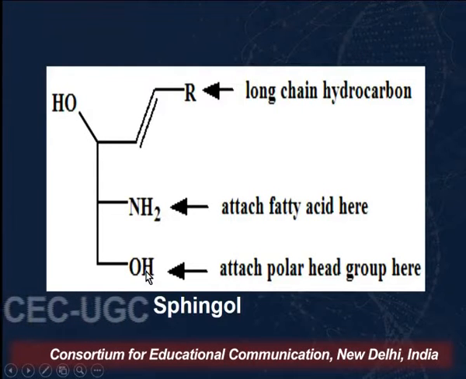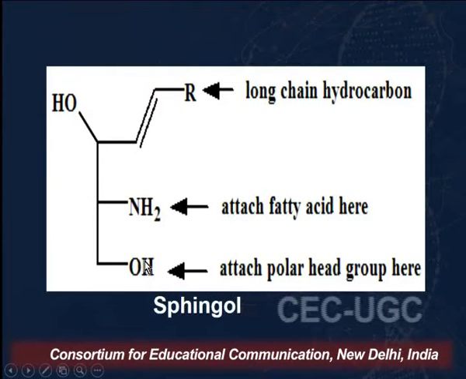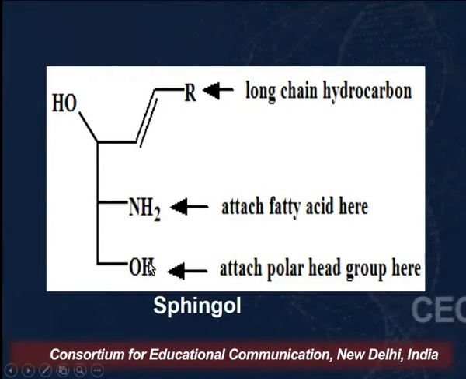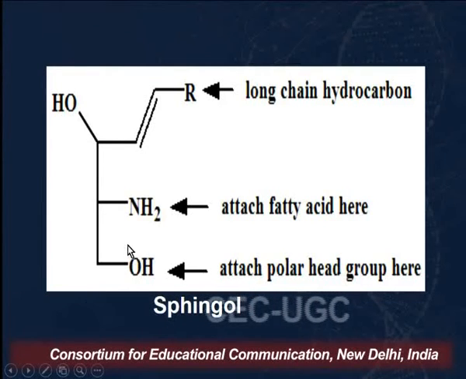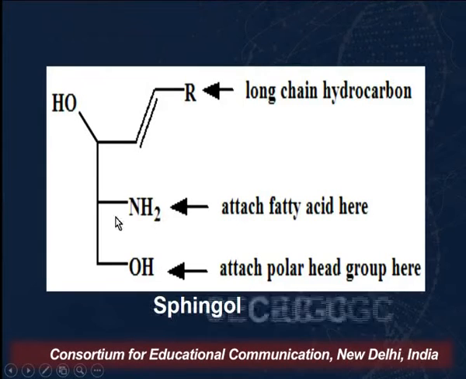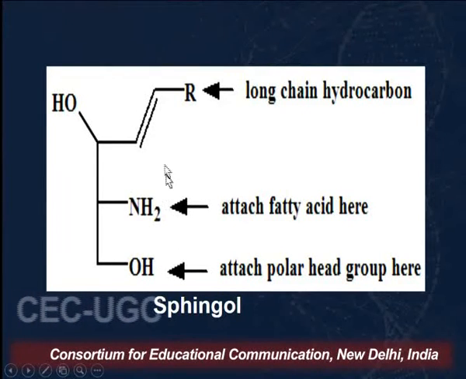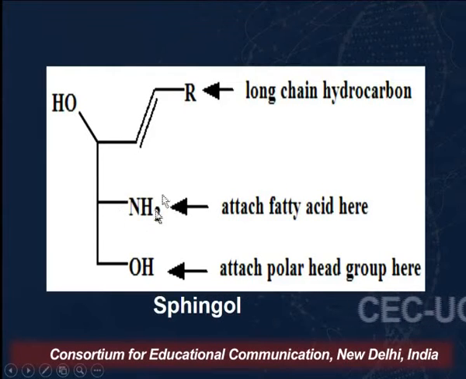It will lie in this group H. If this group H is H as in sphingol, then it will depend on the nature of this polar group here. That is, what will be the nature of the lipid that we will get, whether we'll get a phospholipid or we'll get a glycolipid.